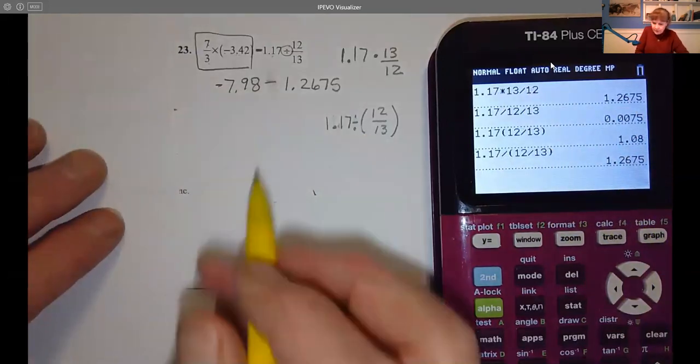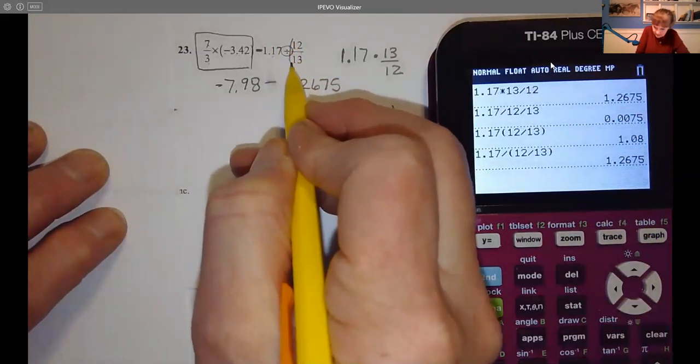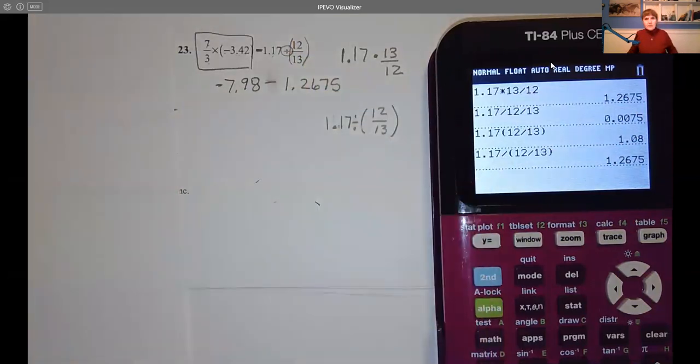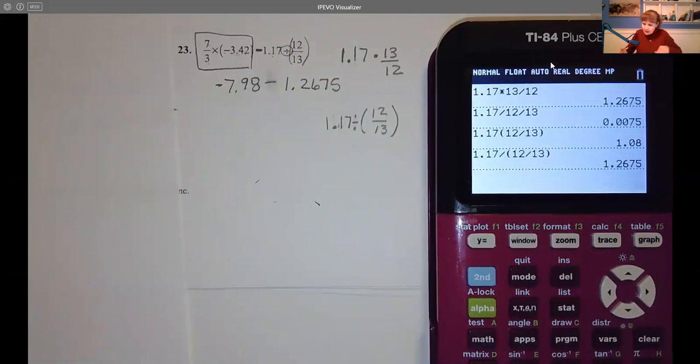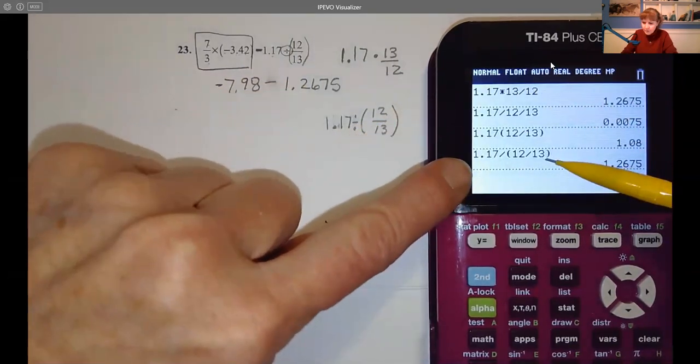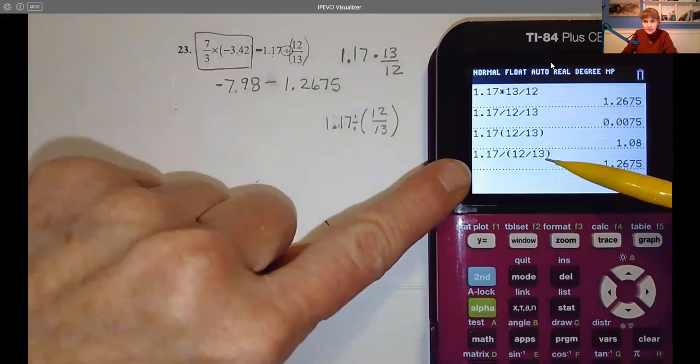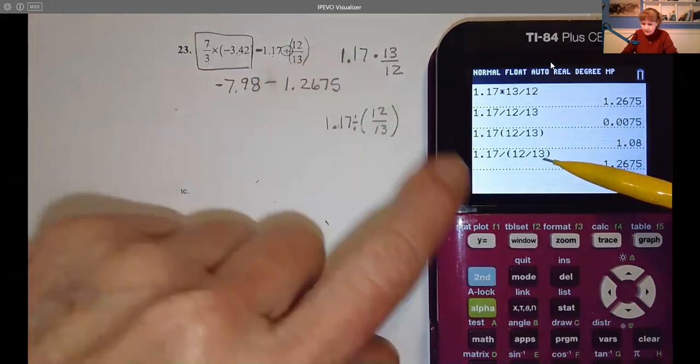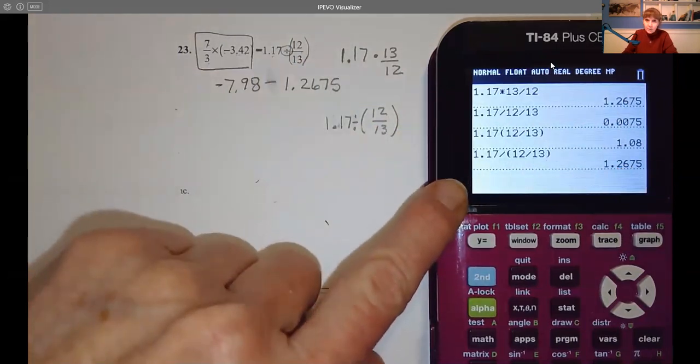You'll need to put this in parentheses, or just do the copy dot flip, and that would work as well. Sorry about that, I forgot that division symbol. I'm like, what's going on? All right, but either way, either do the copy dot flip, or you can use parentheses, 1.17 divided by, and put that in parentheses and get the right answer as well.